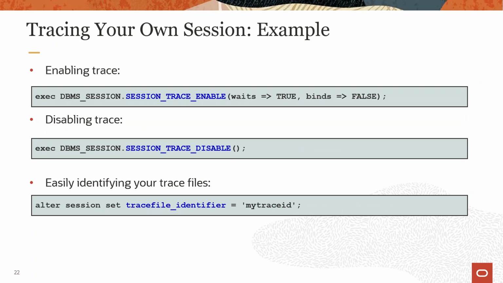Now, if I have a normal user logging in and that user wants to enable SQL tracing for his or her own session, and I don't want to give that person the DBA privileges, well, those persons can make use of the package dbms session, calling the procedure session trace enable to enable session level SQL tracing for his or her own session. Also, I've already shown you that in my demo.